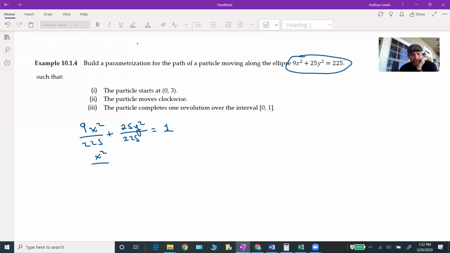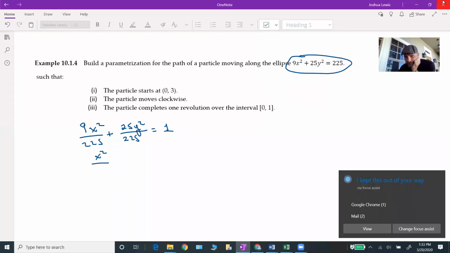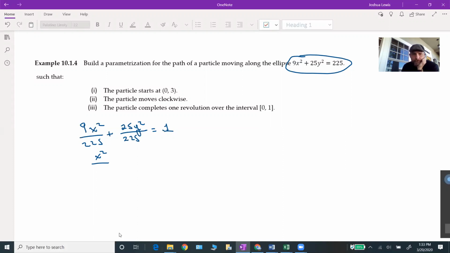Well, how many times does 9 go into 225? So we would have x squared over 25 plus y squared over 9 equals 1. Let's draw this.